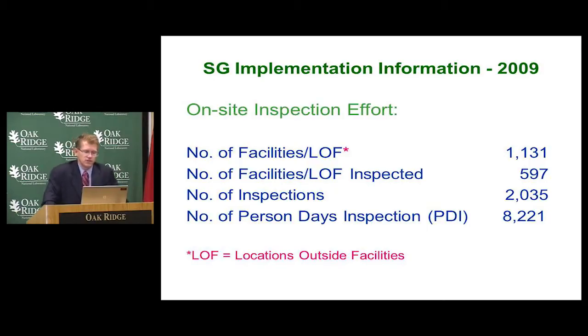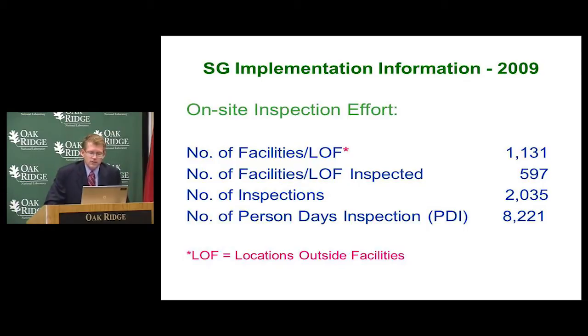The number of facilities or LOFs inspected is 600. The number of inspections over the course of the year was about 2,000. So you can see that each, well, I said the number wrong before. With 2,000, each person does about 10 inspections of 5 different potential facilities.